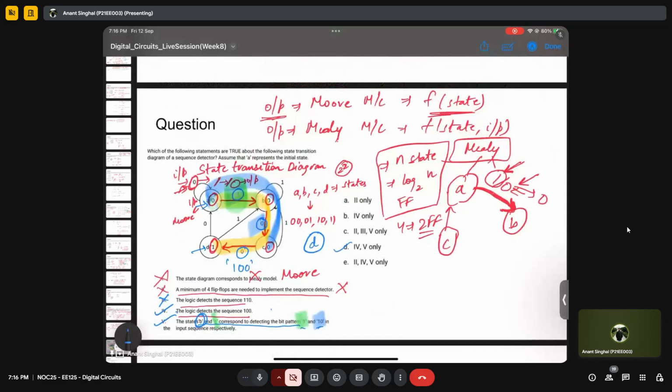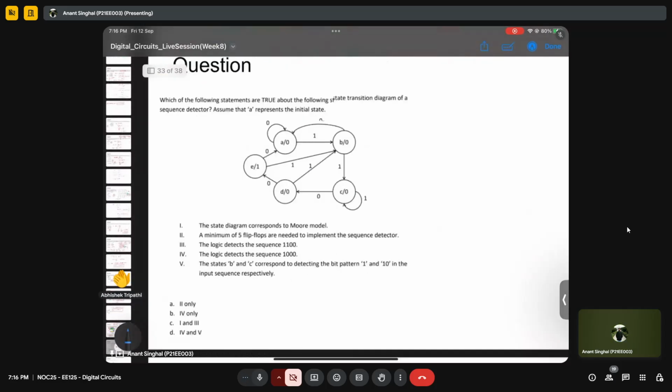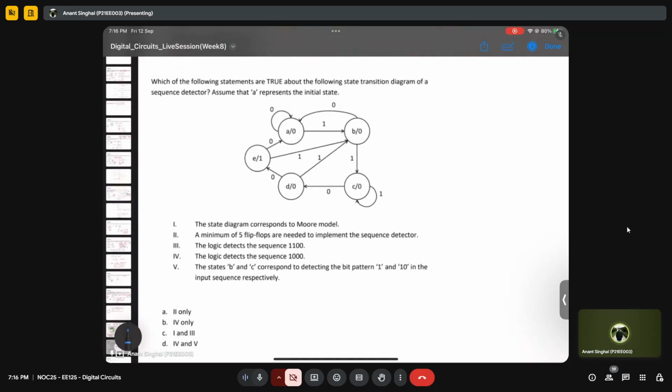Please let me know if this is clear to you all. Okay, if this is clear, let me know the answer to this quickly. This is the same problem, just some different diagram.